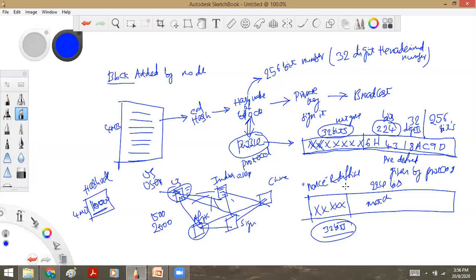Now, what is difficulty? Difficulty is nothing but if you reduce the number of fields. Now imagine instead of 32, you made it 22. Now, more number of fields should match. That means it is very tough. To give you a simple example, let's take 9 by 9 Sudoku.